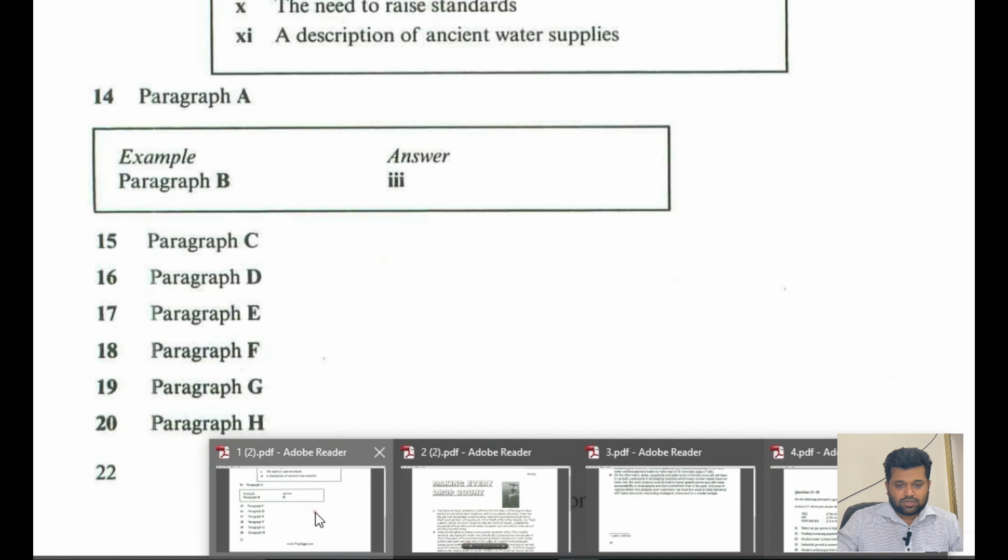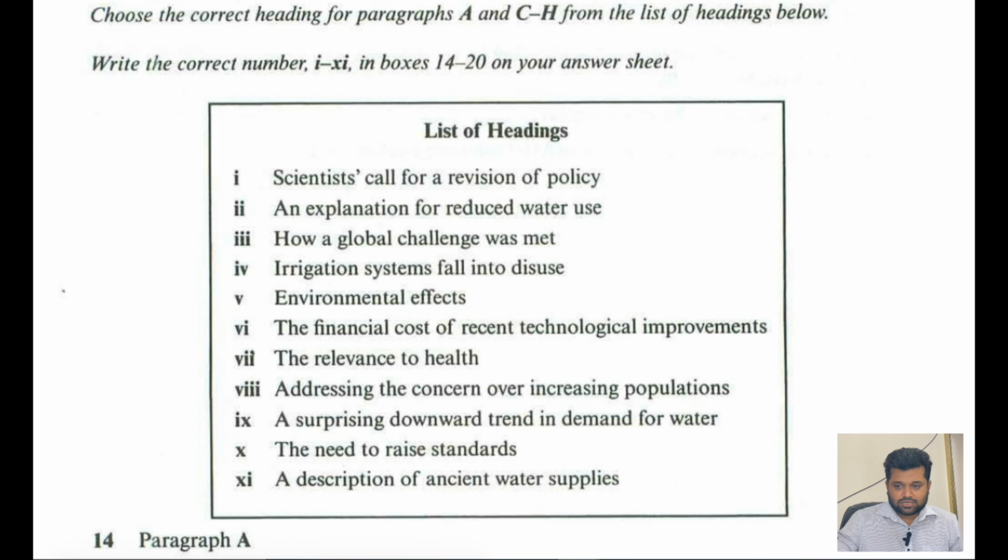Okay, let us go for the keywords and important information of the questions, then we go through the passage. List of headings, we have some list of headings here. First one is scientists call for a revision of policies. So here we can underline the words revisions and scientists.